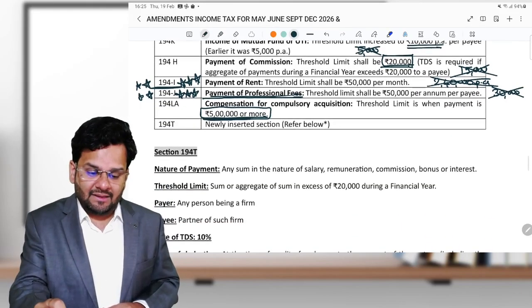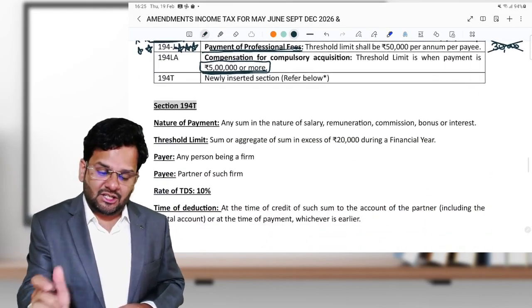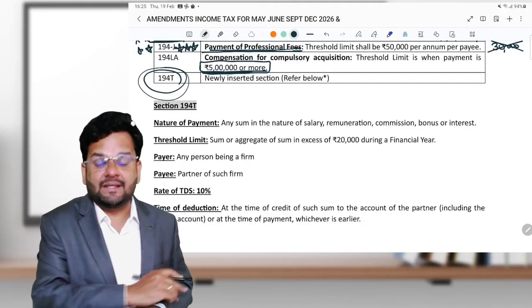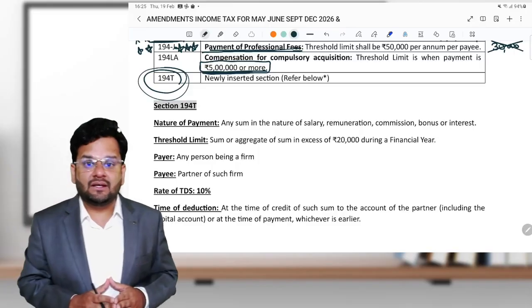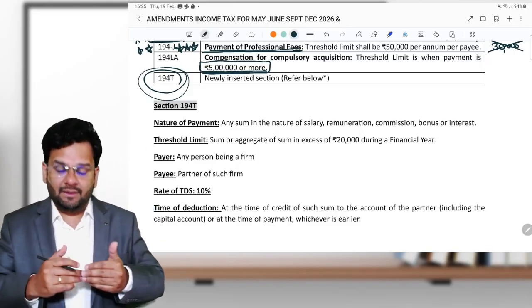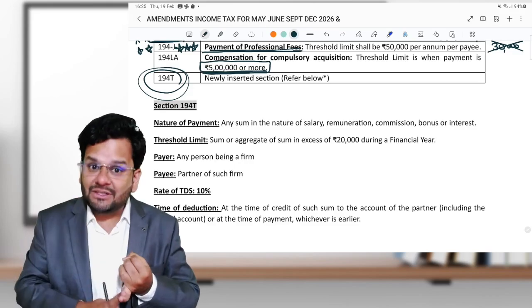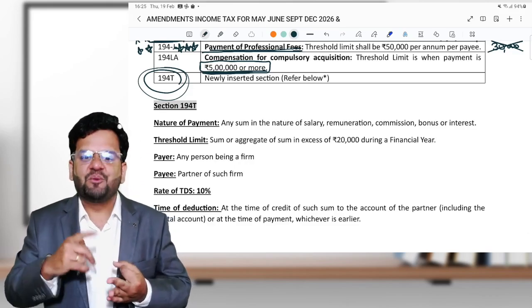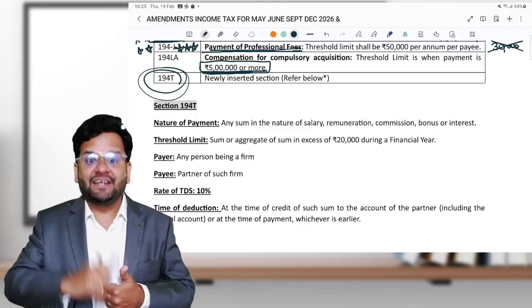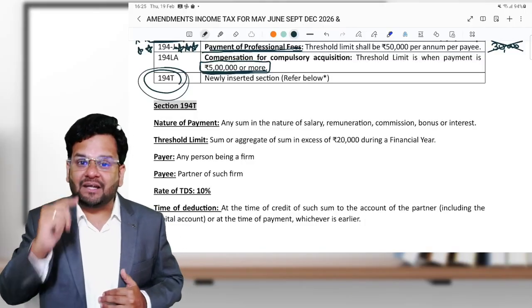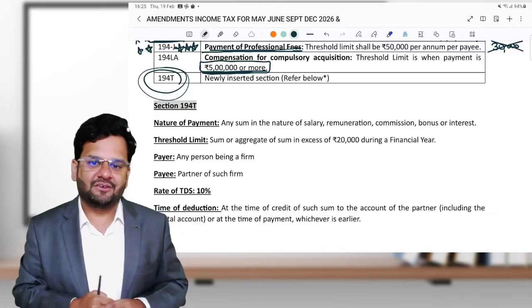Okay, and then there is one newly inserted section, that is 194T. This 194T is applicable when any remuneration, salary, bonus, commission, interest is paid by partnership firm to its partners.